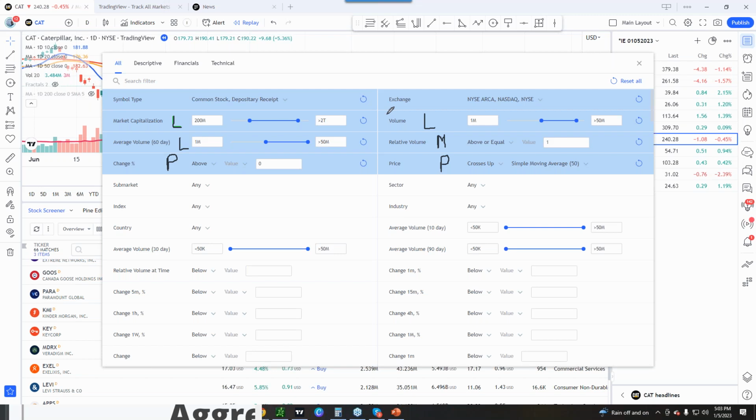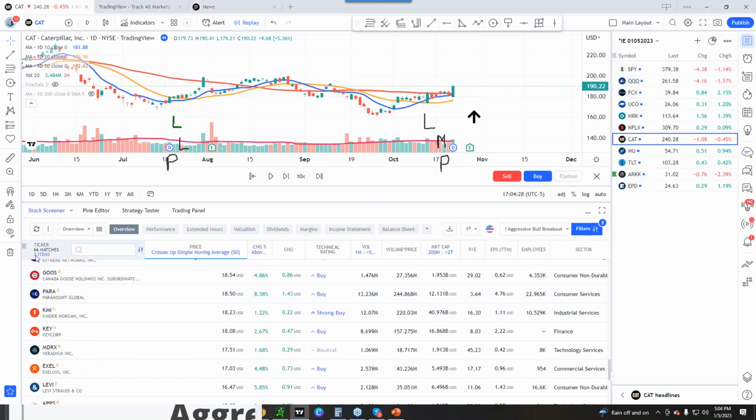So the symbol has to be common stock, has to be in the New York Stock Exchange or NASDAQ, and market cap greater than 200 million, and volume above 1 million, and volume averaging over 1 million, and relative volume above or equal to 1, that's 100%, and change price above 0, and price crossing up above 50. So all of these have to be checked off. Now we get a list. Once I run it, down here on the left, you'll see there's 66 matches.